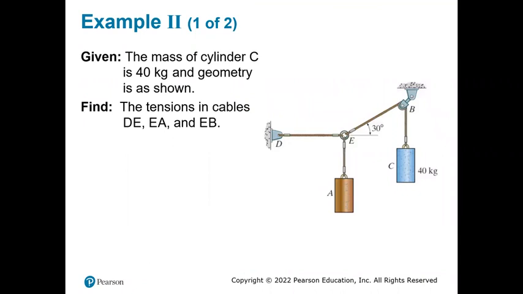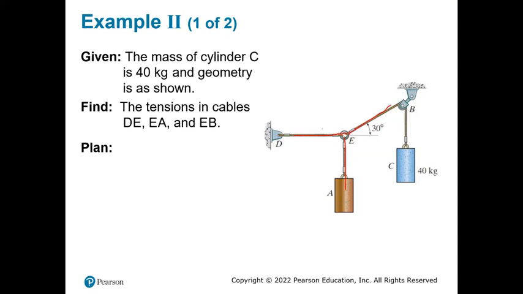You have a mass which is 40 kilograms, and they ask you to find the tensions in the cables. So what we have to do is draw a free body diagram. Where to draw the free body diagram is tricky. They asked to find the tensions in TE, EA, and EB.